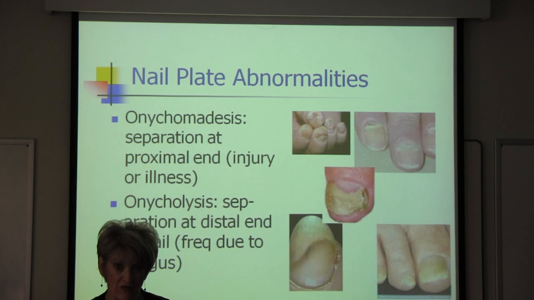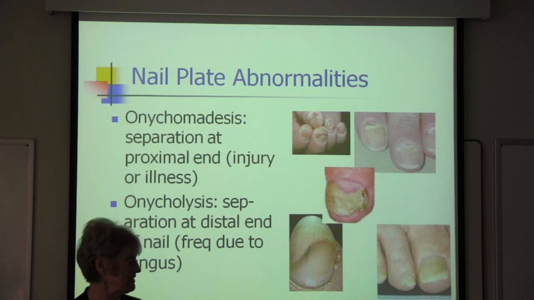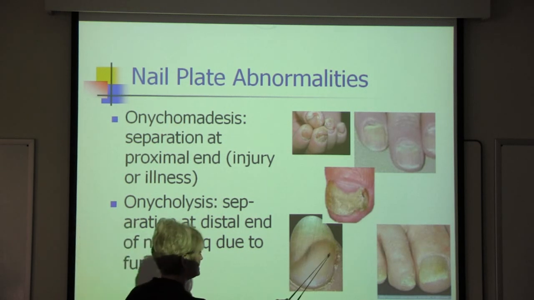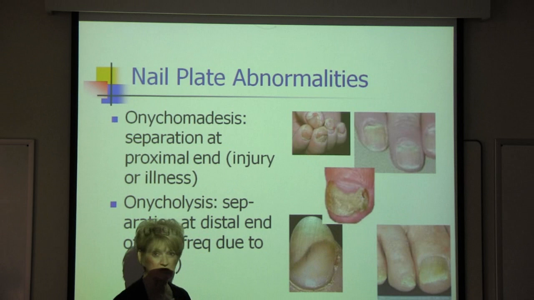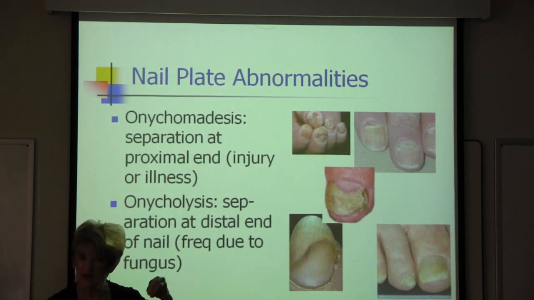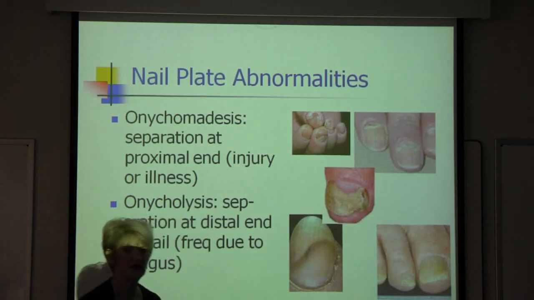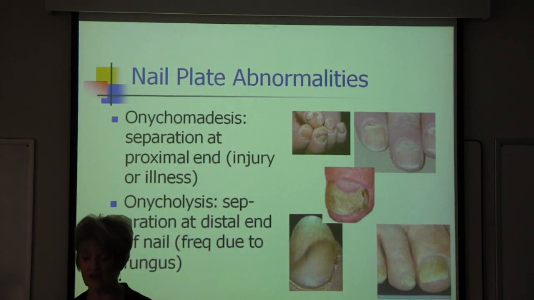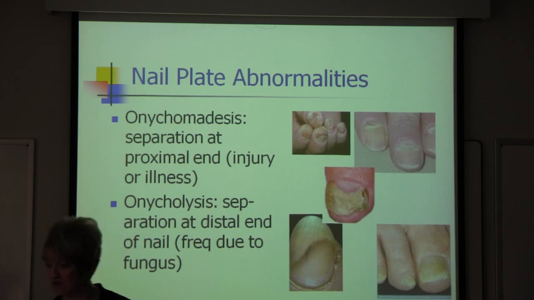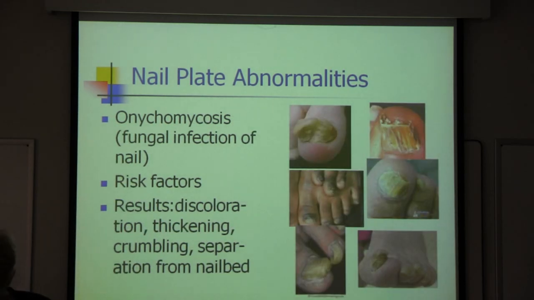Do we take off all the way down to the base of the free nail border? No. We take off the distal nail. We usually take off any nail that looks like it could get caught and pulled off traumatically. But you don't have to take off all of this. You can leave some of it. I just want you to know what onycholysis is and what causes it.